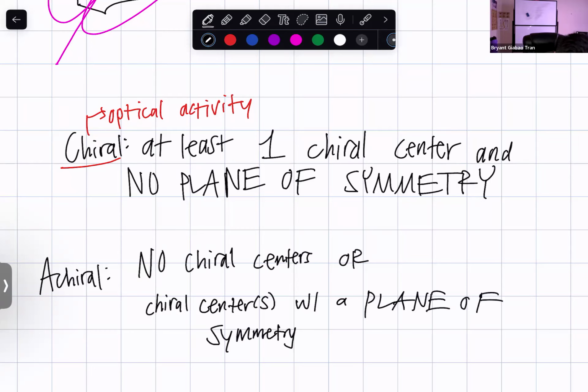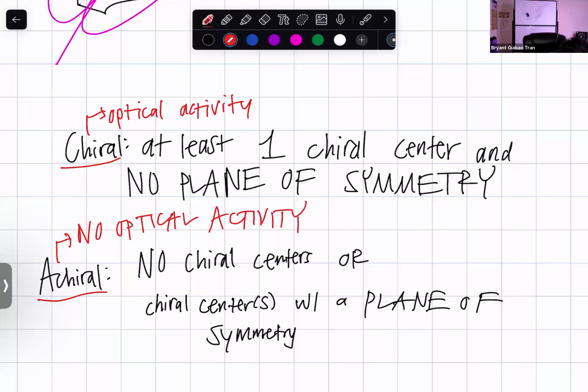And achiral molecules have no optical activity. So let's do some practice on this, and then move on to synthesis.